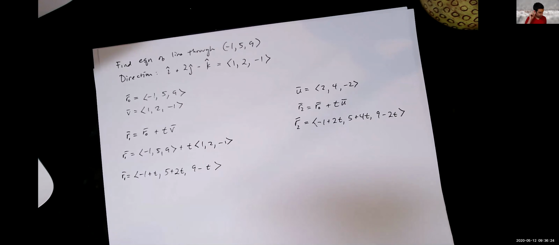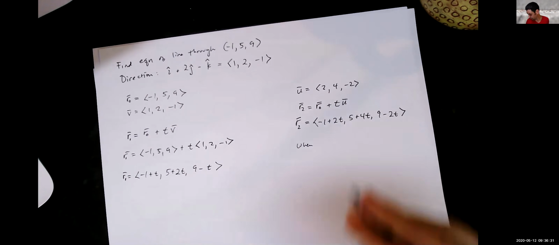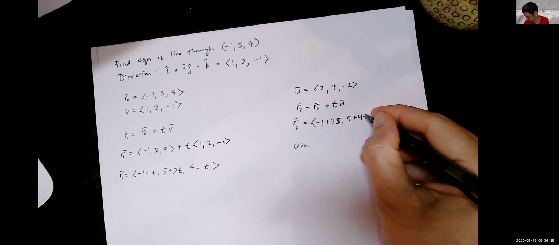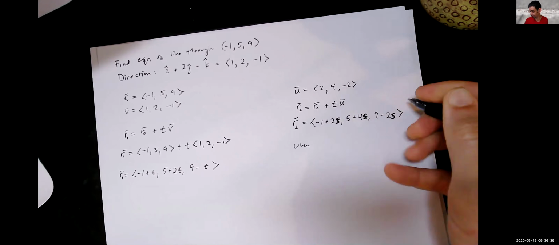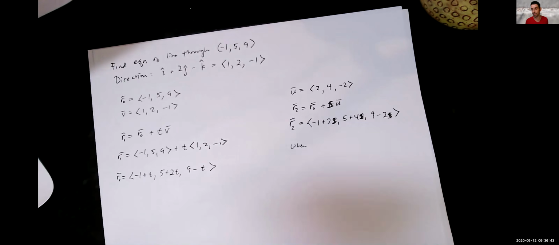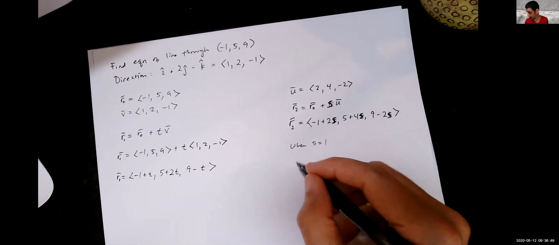So now notice what happens when, sorry, I should use a different parameter since it's a different equation. I'm going to change this to an S, so this is clearer. So I'm changing the parameter over here to S. When S equals 1, let's see what happens.